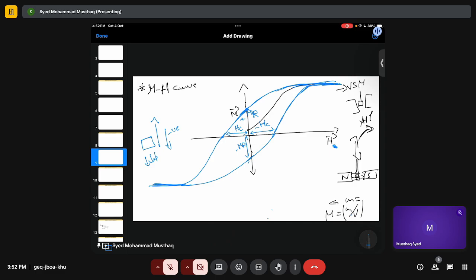So in most of the experiments, this Hc will not be the same value on both sides, because of sample geometry, the sample placement inside the magnetic field, or the magnetic field direction itself. There are many things that will affect it.